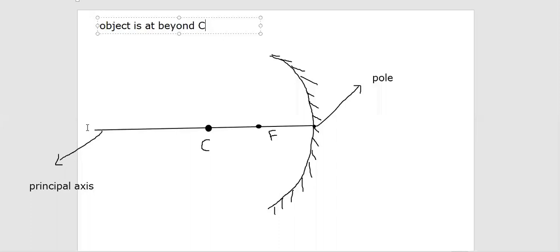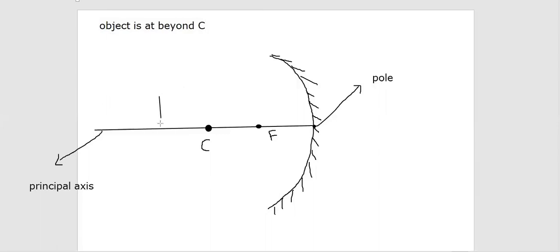What do you mean by beyond the center of curvature? It is between infinity and the center of curvature. Between infinity and the center of curvature, you can draw the object at any position.